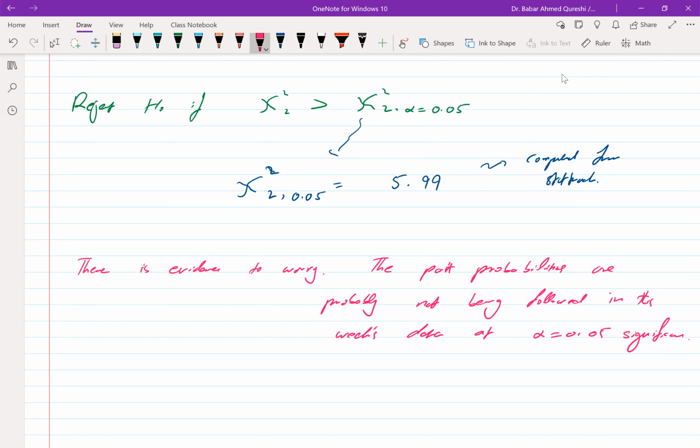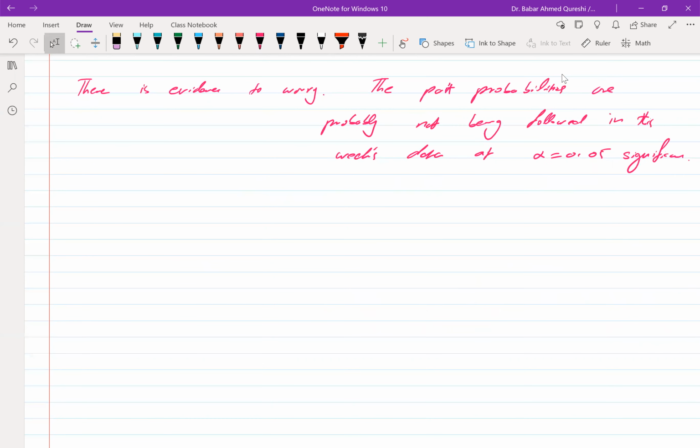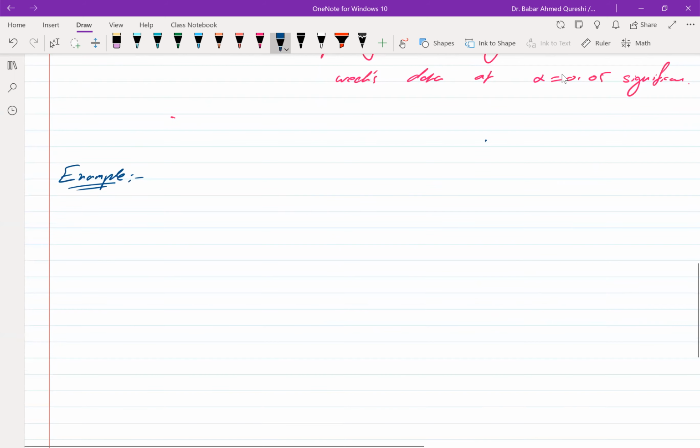Let's look at another example. So suppose there is a production process and it makes some components, and most of the components which come out have no faults.